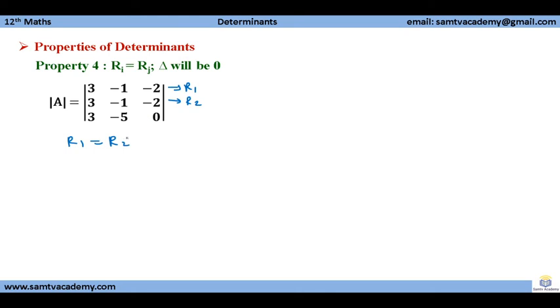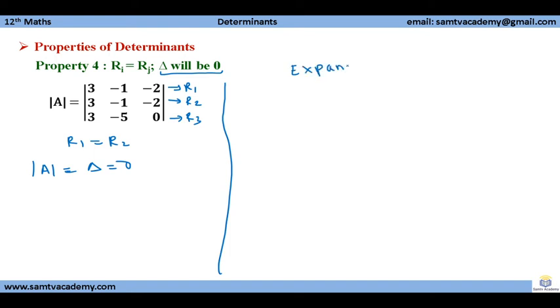So with this property, we know that the determinant is going to be 0. Let's solve it. We will expand it along R3 so that the calculation is easier.